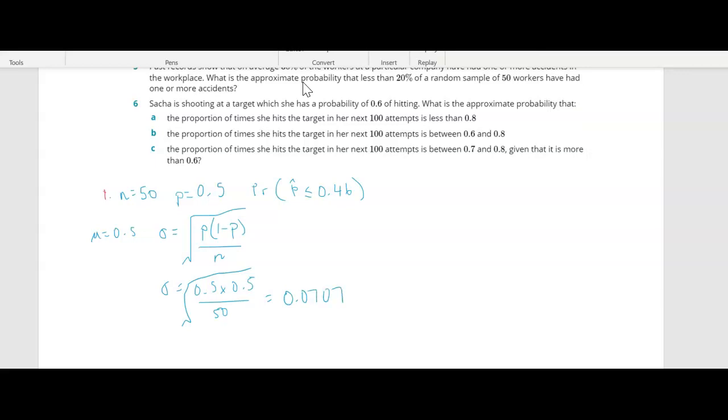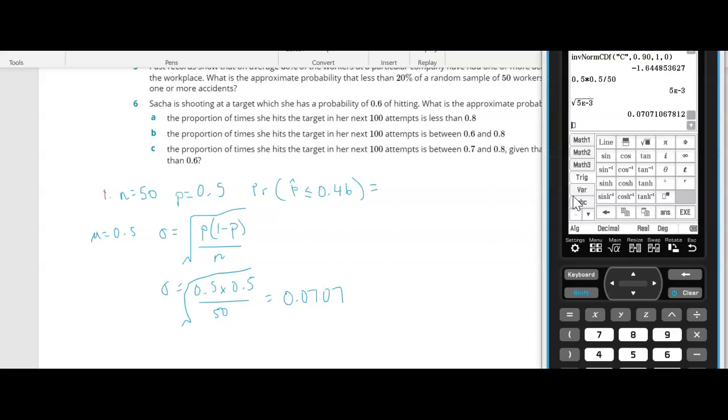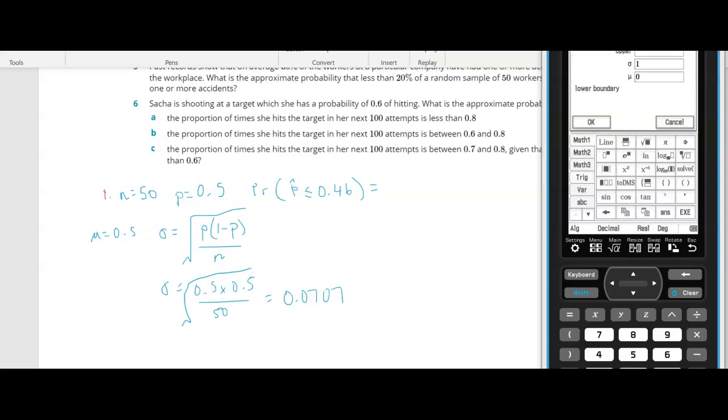All right, so now I just need to go on to normal CDF. So I'm going to highlight this first. So remember, we're not going to use any rounding if we can avoid it. All right, so distribution, continuous, normal CDF. For this one, we're going less than 0.46, so we're going to have negative infinity. Let me just find infinity.